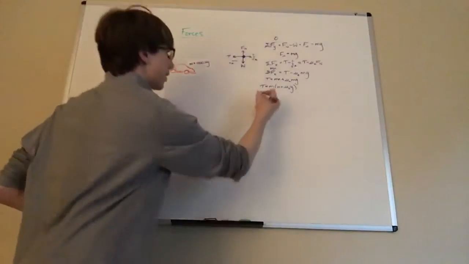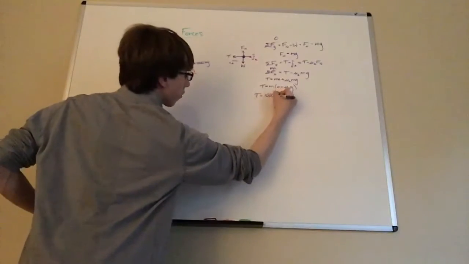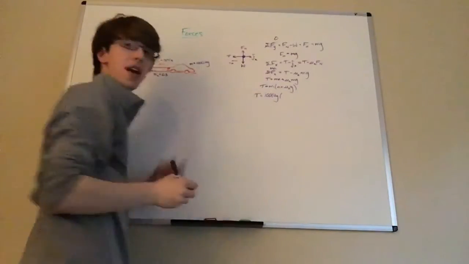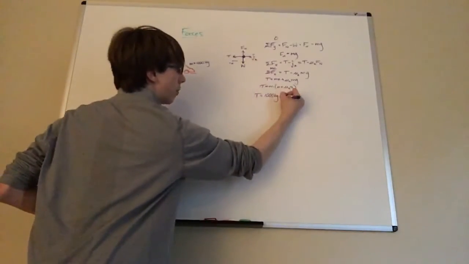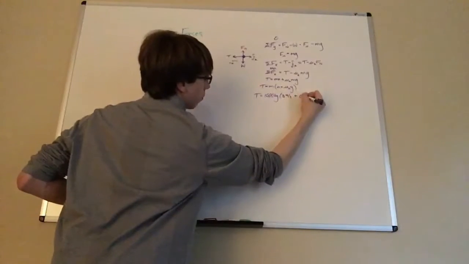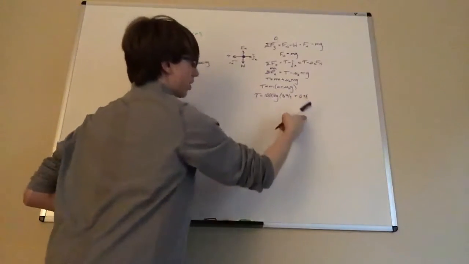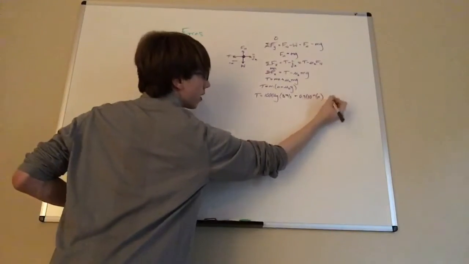So this means that the tension is equal to 1,000 kilograms, which is the mass of our car, times the acceleration, which is 3 meters per second squared, plus 0.3 times the acceleration due to gravity, which is 10 meters per second squared.